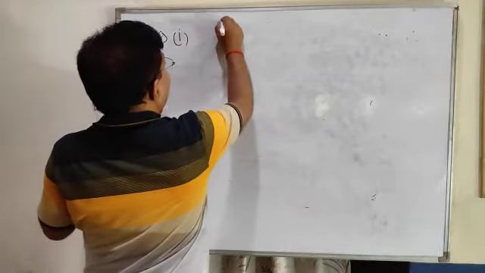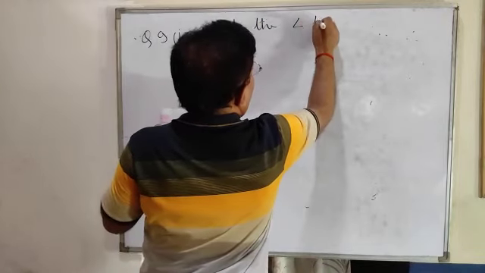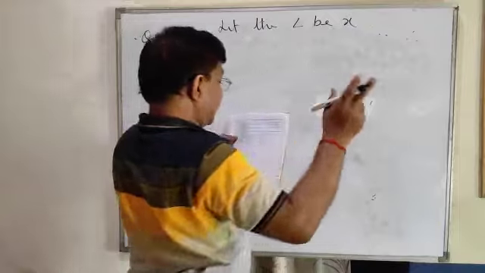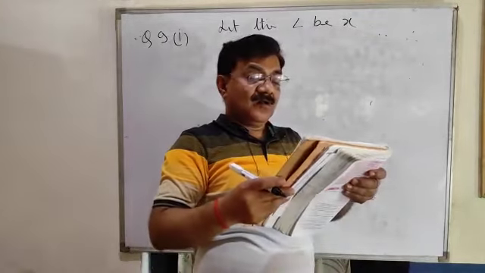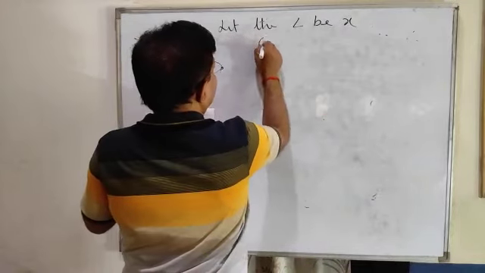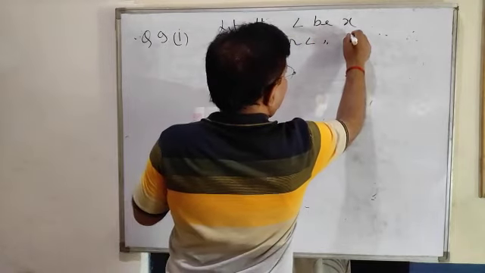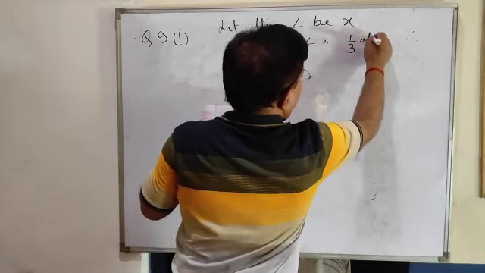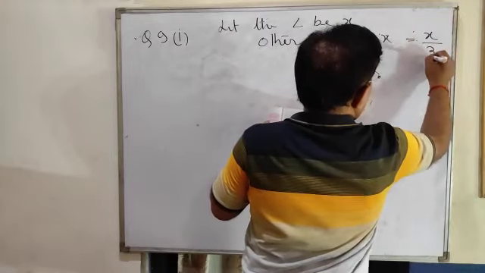Let the angle be x, and the other angle is one third. One of them is one third of the other, so the other angle will be one third of x, and that will be equal to x by 3.